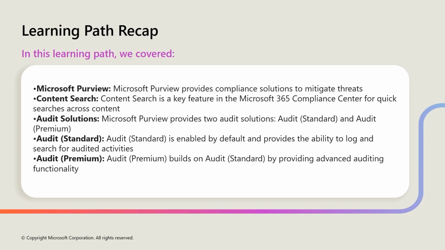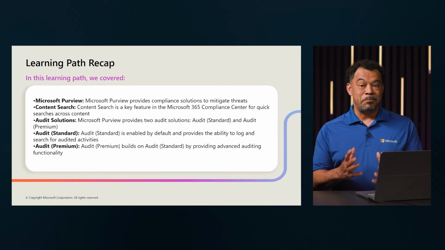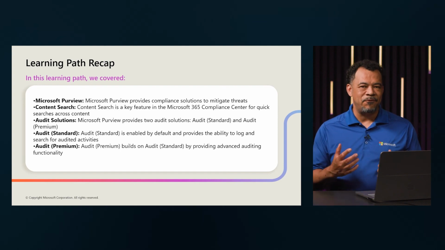Microsoft Purview provides 2 audit solutions, Standard and Premium. We dove into Audit Standard, and we talked about how it's enabled by default and some of the capabilities that it provides. And we looked at Audit Premium, which builds on Audit Standard by providing advanced auditing functionality. This concludes our learning path number 3.